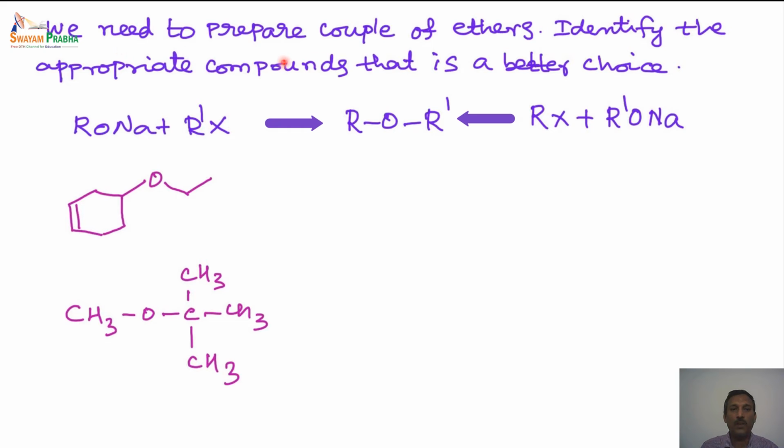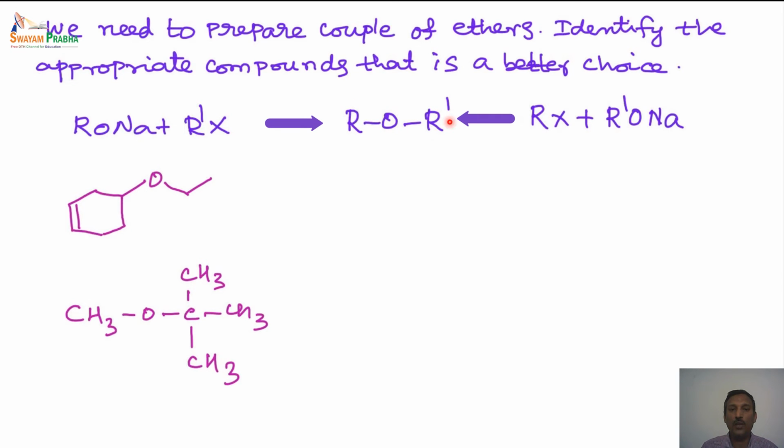So let us prepare some ethers. We are now going to study some of the reactions related to ethers. Here an ether can be produced by two different methods. Two examples are given. We need to identify which is a better choice. We have two alkyl groups, R and R prime.